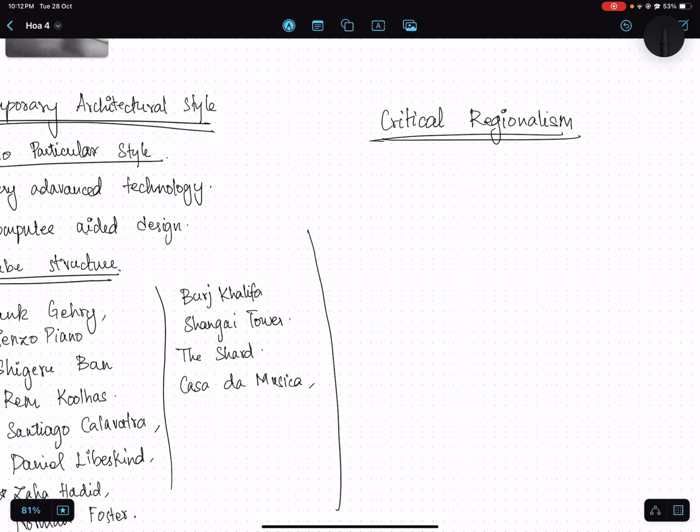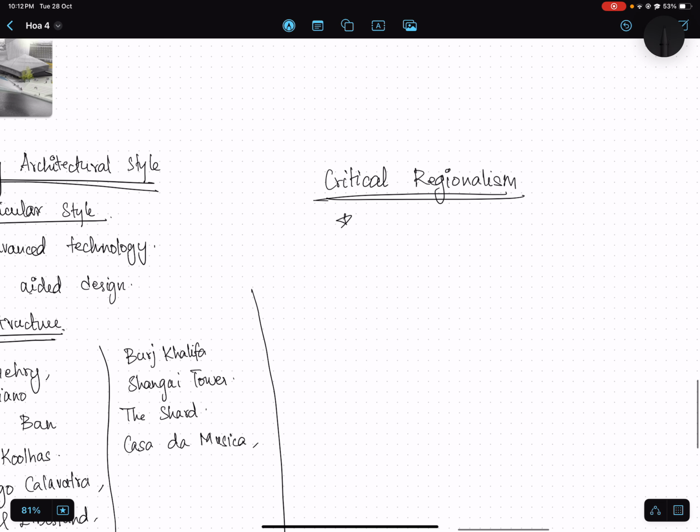So critical regionalism: even until postmodernism and contemporary architecture, there was no sense of place or local materials involved or local design principles, anything of that sort. So critical regionalism advocated for that.